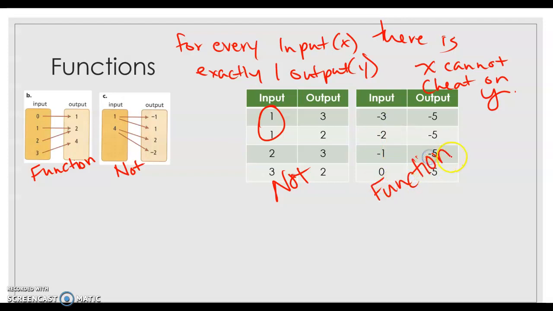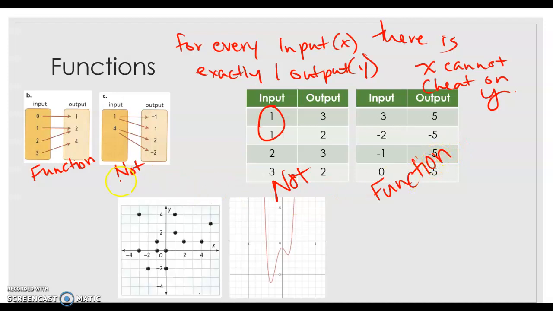But what if we are given a graph? Well, that's easy too. We use what we call the vertical line test. And we make sure that each of the vertical lines that we draw does not cross our graph more than once.